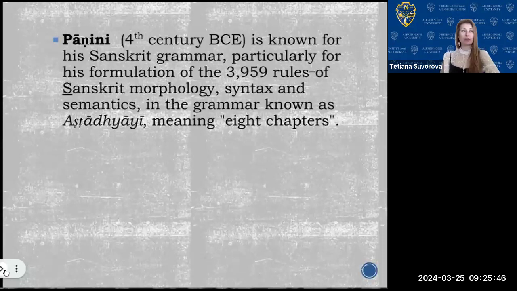So this is the modern approach to the language description, and it already stratifies the groups of words into 8 chapters, into 8 parts of speech. So it's difficult to imagine, because in Europe it happened later.